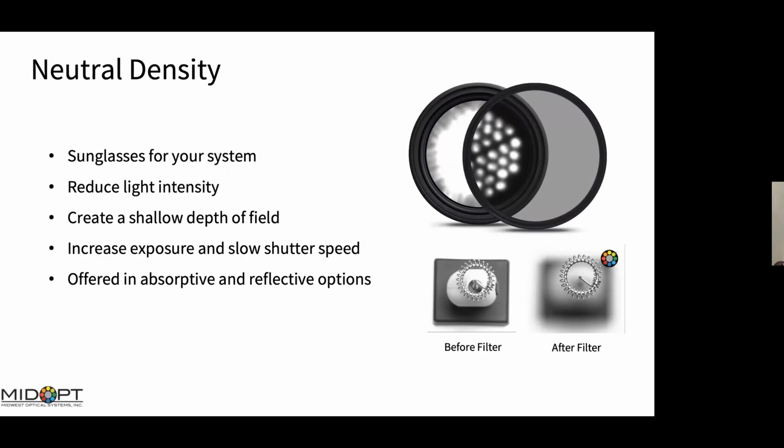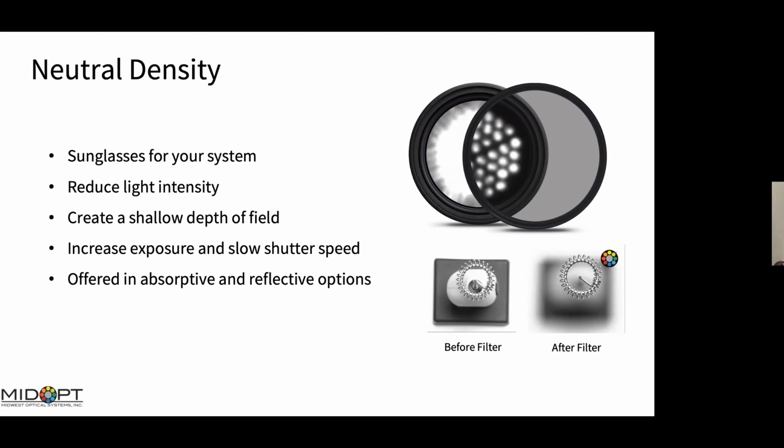Neutral density filters, we typically call them sunglasses for your system. The filters that I've talked about so far really help you to increase transmission of your intended wavelength. Neutral density filters help to reduce transmission, usually because there's a lot of light. They help to reduce the light intensity.